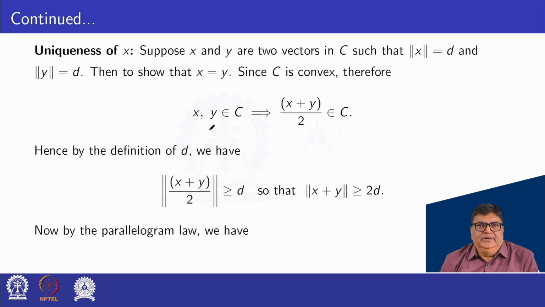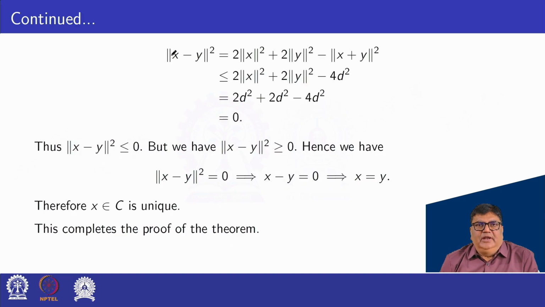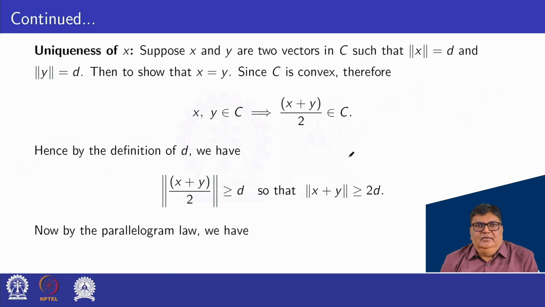Hence, by the definition of D, norm (x+y)/2 ≥ D, so that norm x+y ≥ 2D. Now, by the parallelogram law, we have norm x−y squared equals 2 norm x squared plus 2 norm y squared minus norm of x+y squared.